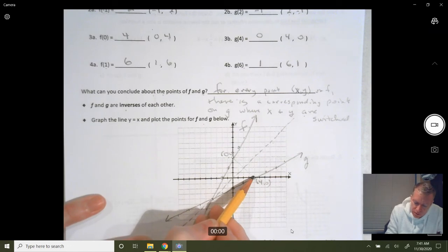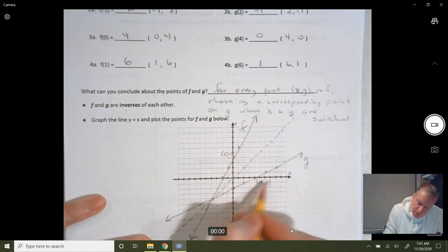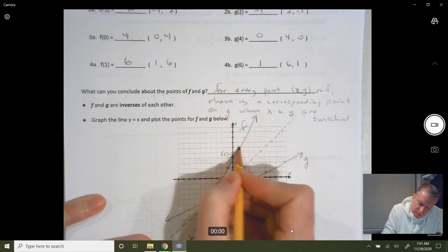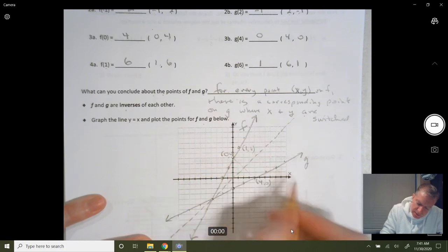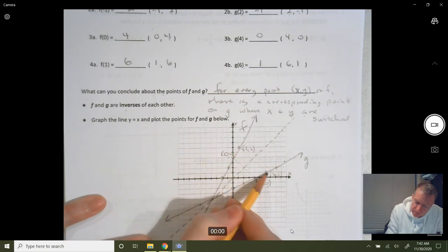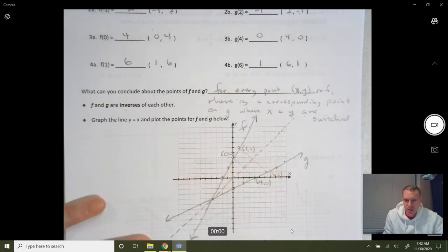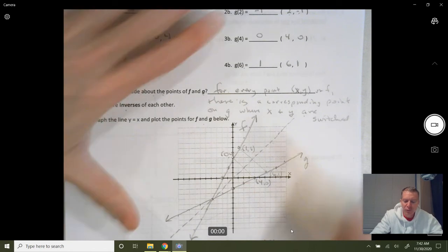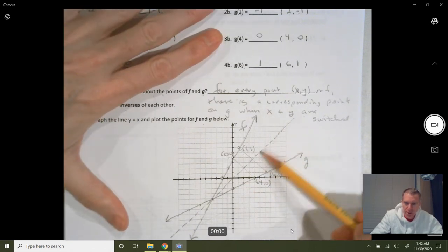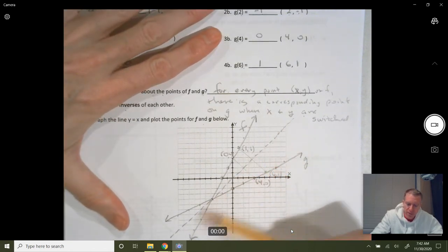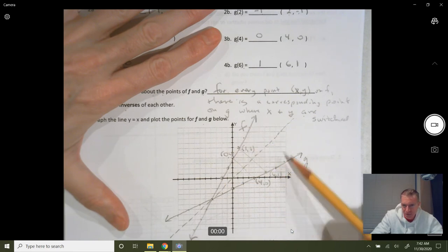Okay, so this point here, which was 1, 6, and 6, 1. Those, again, are mirror images. They're the same distance from that line. Okay, they're mirror images over that line. Almost like I could fold this piece of paper right down this line, and this would line up exactly with this.